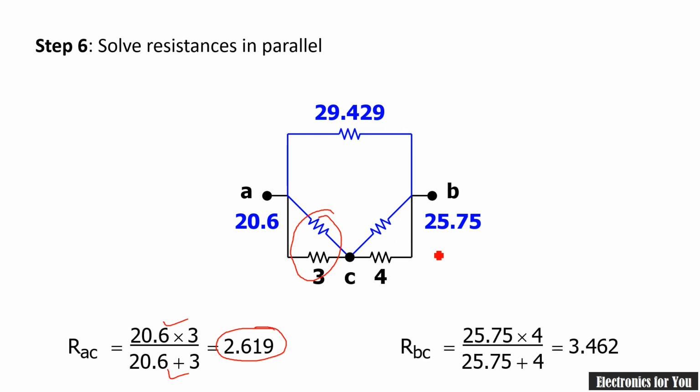Similarly, in this case we will get 3.462 as RBC. Now these two resistances can be replaced by a single resistance. Similarly, these two resistances can also be replaced by single resistances of this and this value respectively, and therefore we'll get an equivalent circuit like this.